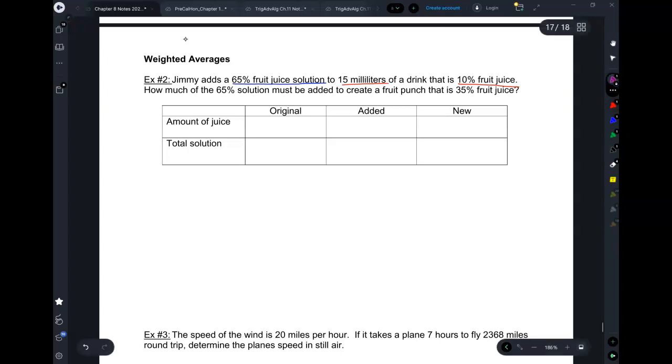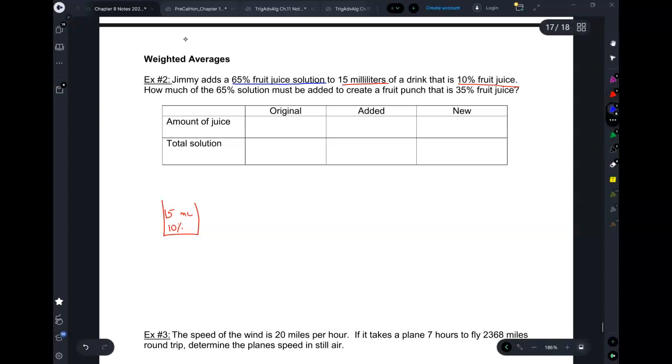So let's talk about what's going on here. You've got this solution. It's got 15 milliliters, and it's 10% fruit juice, right? That means if you had 100 milliliters, how many milliliters would be juice? 10, right? But it's too dilute for him.